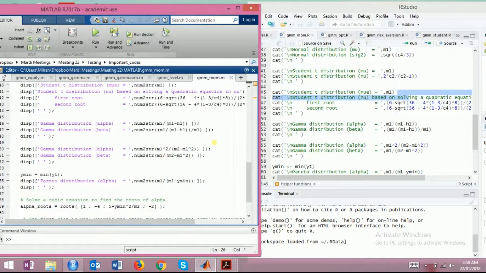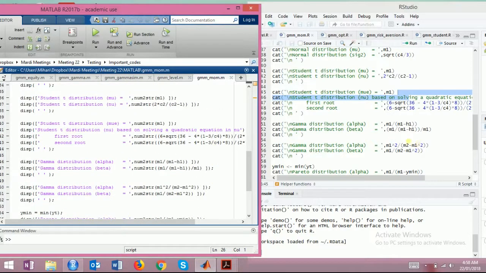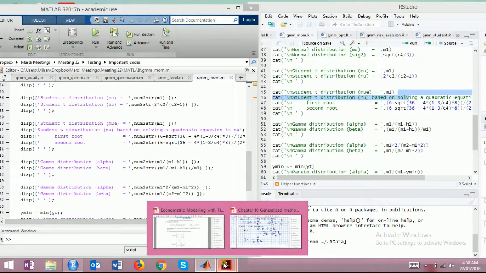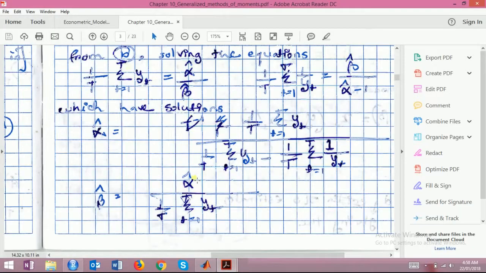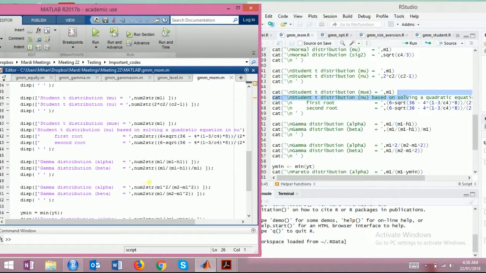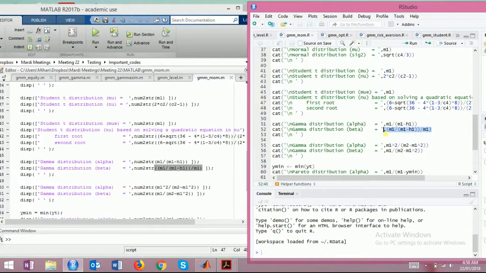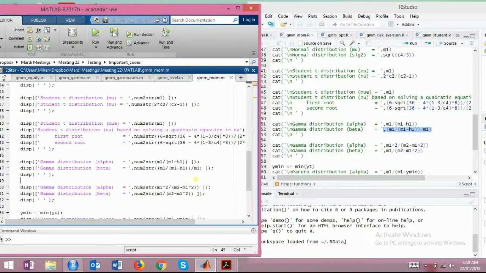That's all, very simple. And beta is alpha hat divided by h1, so m1 minus h1 divided by m1. This is beta.